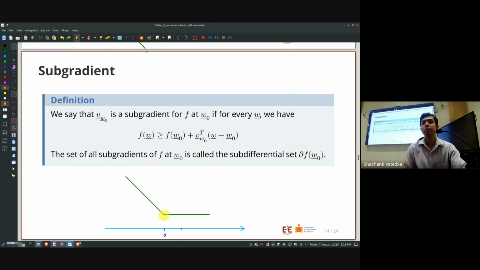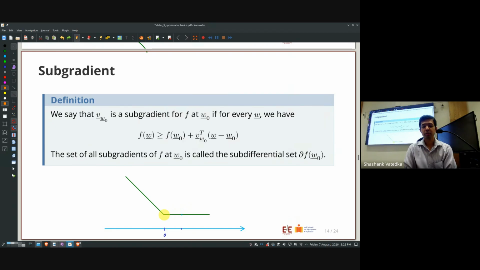What about the point 0? Is it possible to construct a line which passes through this particular point and still lower bounds the function? I am looking at this particular example. In this case, yes.